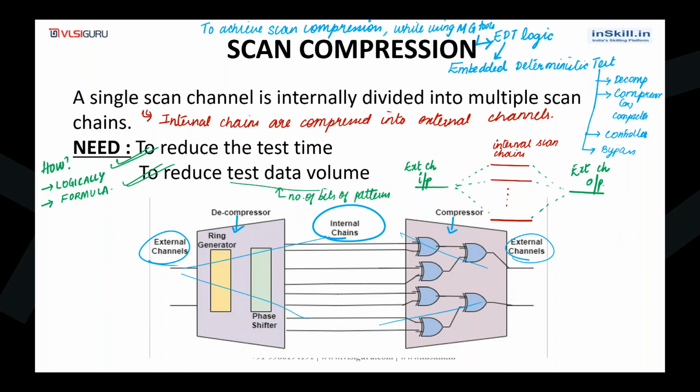Now, if you want to achieve scan compression with Mentor Graphics tools, you add an EDT logic, and these are its components. The controller and bypass logic are not represented in this picture, but you will have them as well. We'll try to understand each component in detail: what is a decompressor, what is its structure, and what role it plays in scan compression.